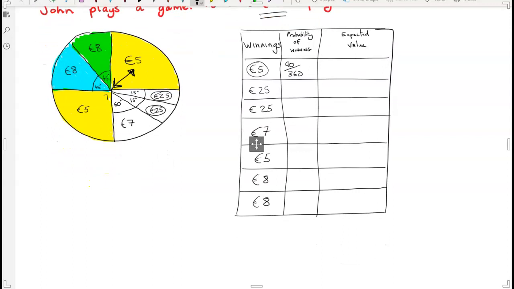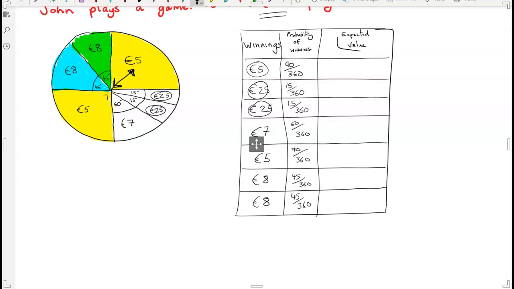The probability of winning that 25 is 15 degrees, so it's 15 degrees out of 360. And so is the other €25 win. The €7 win is 60 degrees out of 360. The €5 is another 90 degrees out of 360. The €8 is 45 degrees out of 360, and the other €8 is 45 degrees out of 360. So you work out the probability of each winning amount happening.